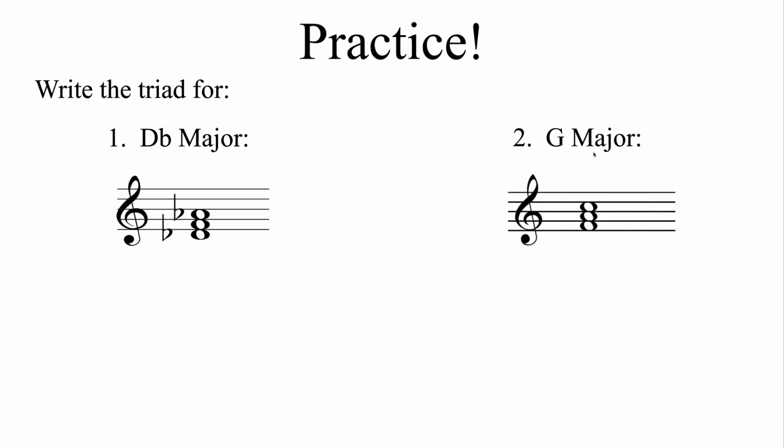Because G major only has F sharp, that means this isn't gonna have any accidentals in the first five notes. Got it? Okay, G minor. Why does it only have F sharp? Because G major has F sharp. Okay then. Okay, G minor.